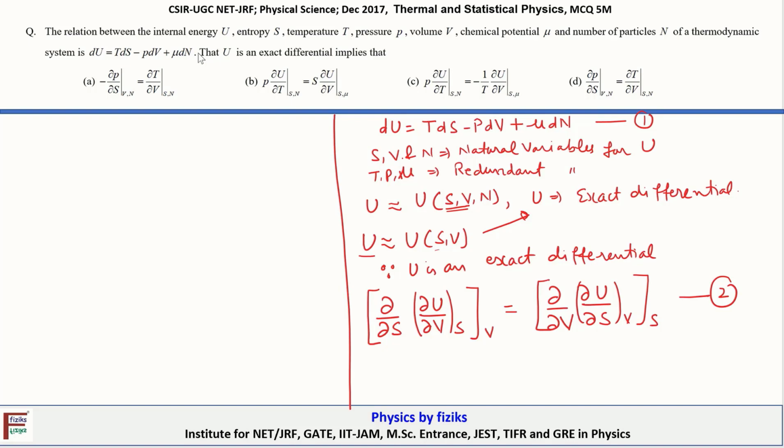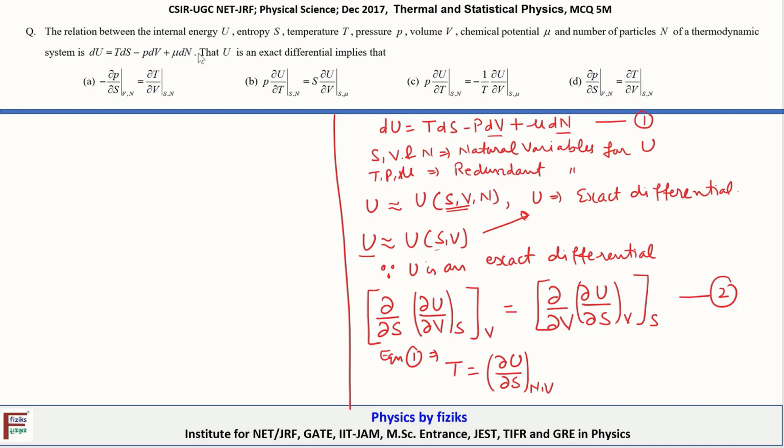Now from equation 1, what we can learn is that T is equal to dU by dS keeping volume and number constant, so keeping N and V constant. When these are constants, those quantities will be 0, and simply we will have dU equal to TdS.